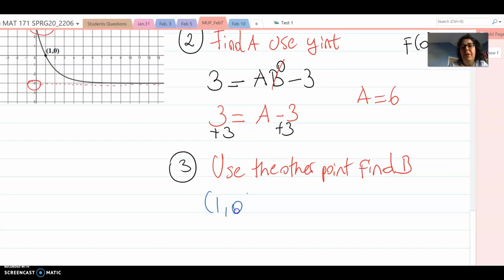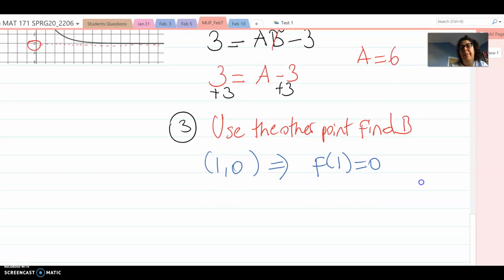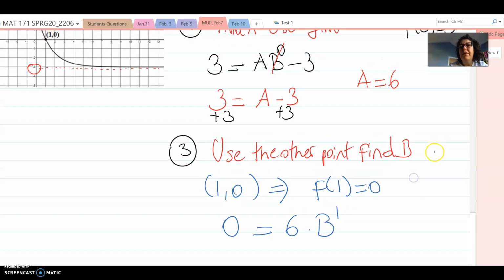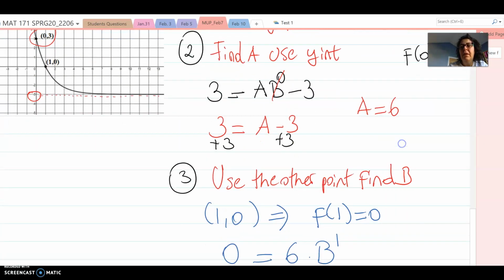So 1, 0 means f of 1 is equal to 0. Okay. And we're going to be having 0 for the function. When we plug in, A was 6, 1 for the x, and C was -3.